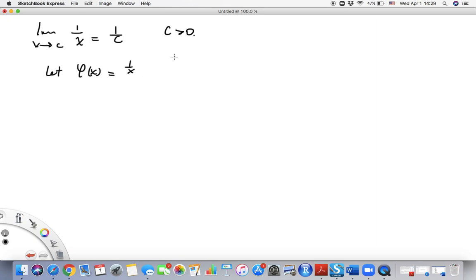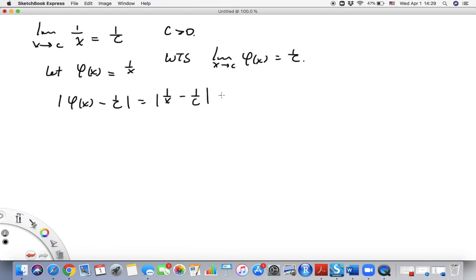So we want to show the limit as x goes to c of phi of x is equal to 1 over c. That is to say, we want to make the difference smaller than epsilon.